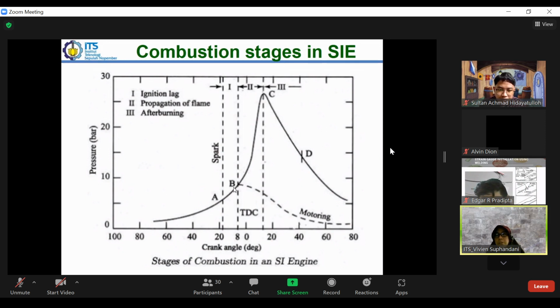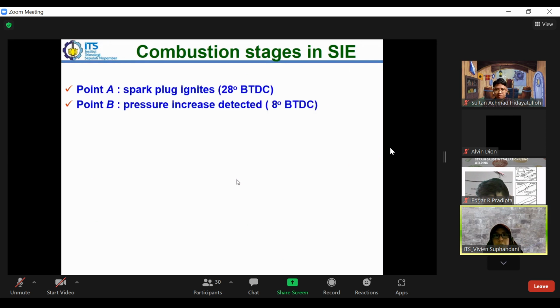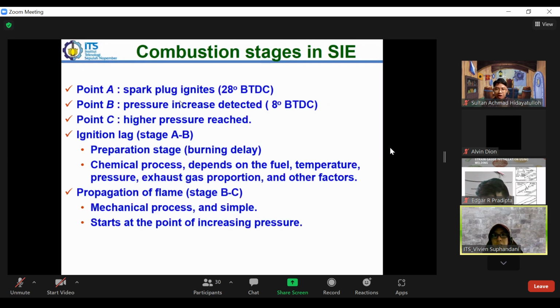The ignition lag here is almost similar to the ignition delay in the diesel engine. Afterwards we have the propagation of the flame, where P is the pressure increase.